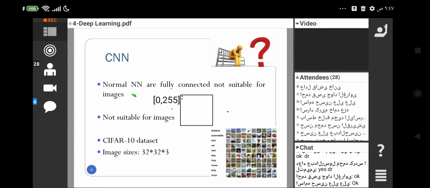This value is the intensity of each pixel. If we have a black and white image, in the black and white image, the value of the pixel 0 means black, and 255 means white.